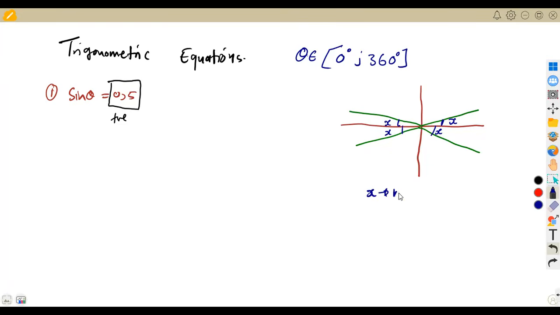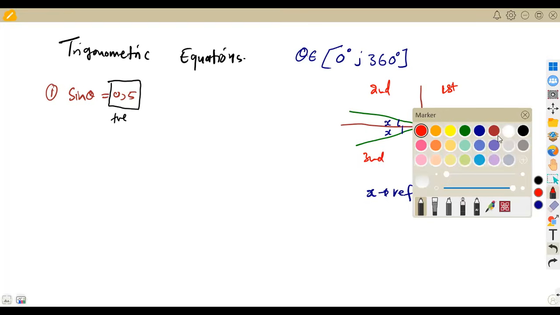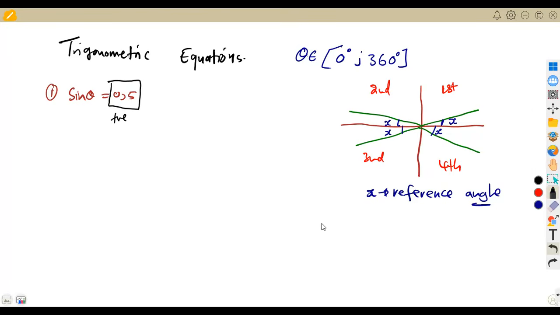If X is representing our reference angle, what does it mean? It is going to mean that in the first quadrant, remember, we've got the first, the second, the third, and the fourth quadrant.